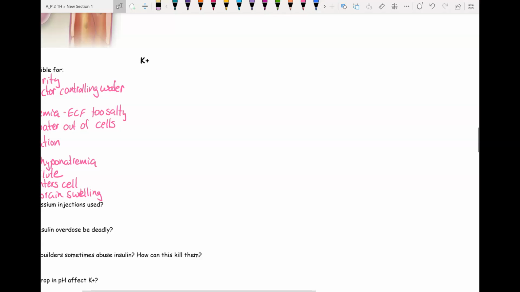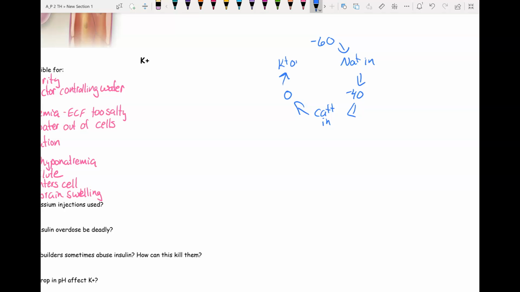You had that cycle: -60 opens the sodium gates, sodium comes in, you go to -40, this causes calcium to come in, you go to 0, this causes potassium gates to open, potassium goes out, and you return to -60. Potassium is what repolarizes your heart, and this is what keeps it beating.